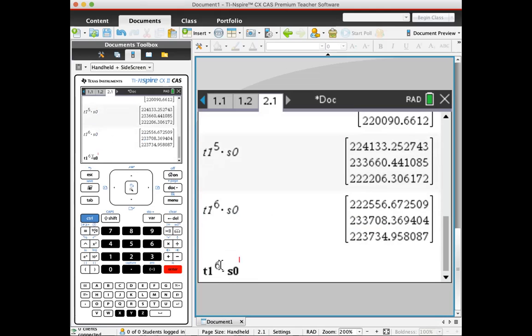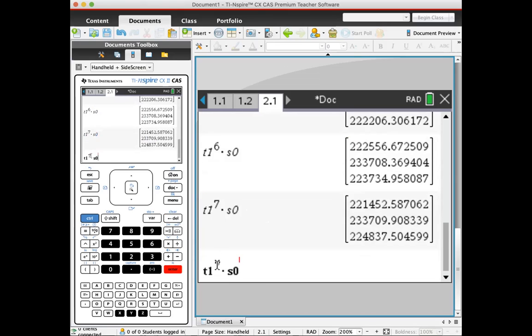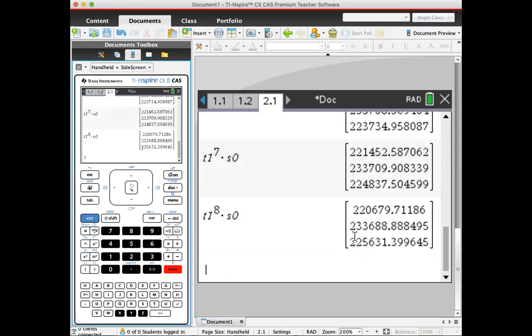Go to T1 to the power of 7 times S0. Control enter. 233709. Keep going, see how we go. T1 to the power of 8 times S0. See, 233688.